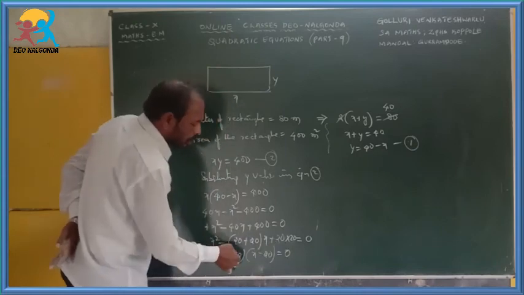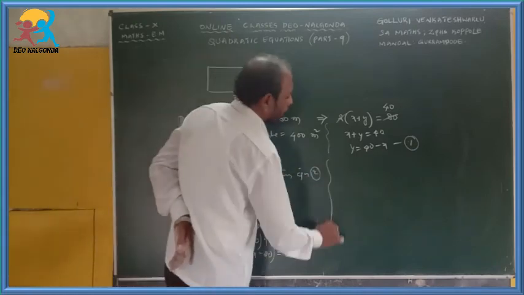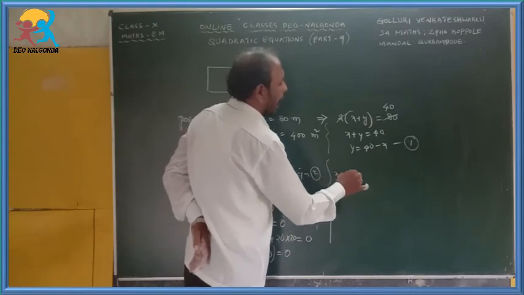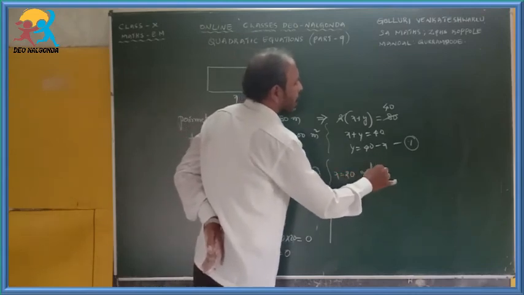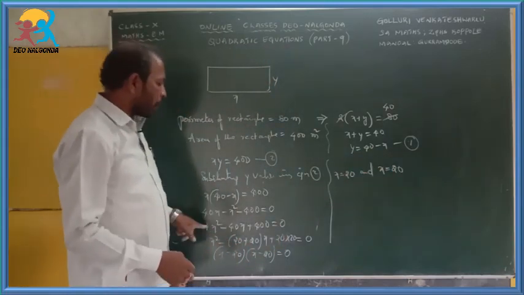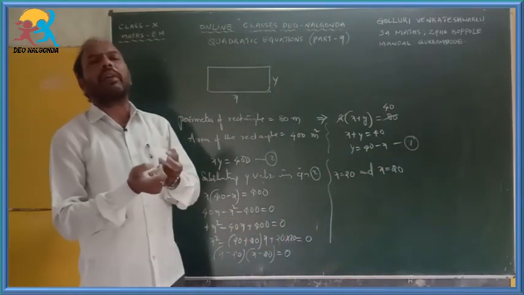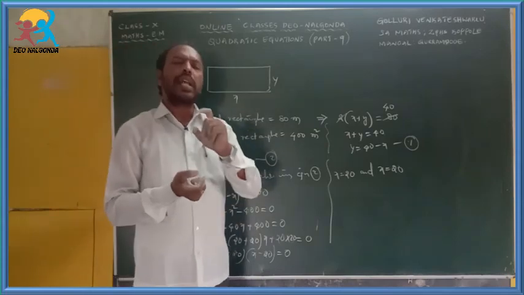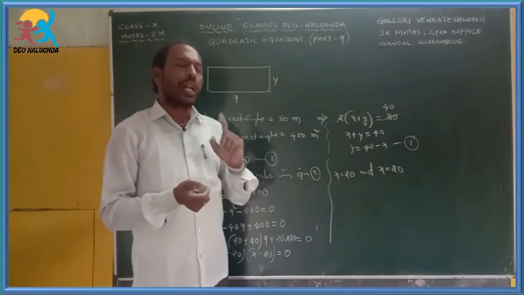Whereas x is equal to 20, and in the second case also x is equal to 20. Find the discriminant value, b square minus 4ac. Discriminant value is 0. 0 means it has 2 real roots, and those 2 roots are equal.